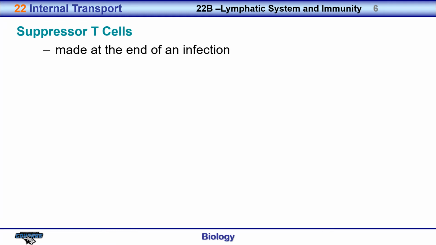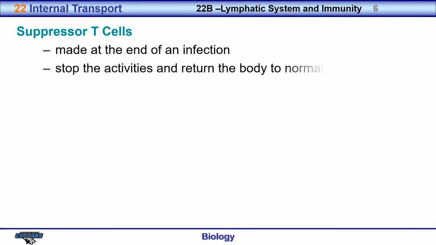Now we also have what are called suppressor T cells. These are the kind of T cells that are produced toward the end of a fight of an infection, and they stop the activities and get the body to go back to normal.